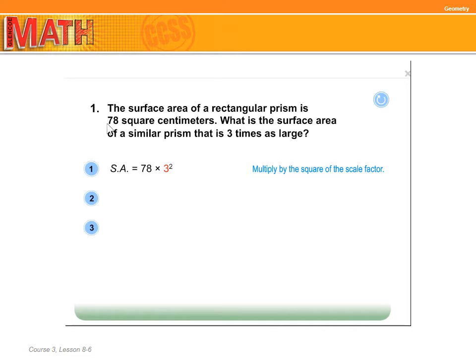The 78 comes from the surface area of prism A, and prism B is going to be 3 times as large. So that's where we get the 3 squared. 3 squared we all know is 9, so we're going to take 78 times 9, and that gives us 702 square centimeters.